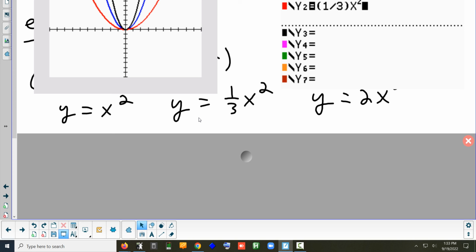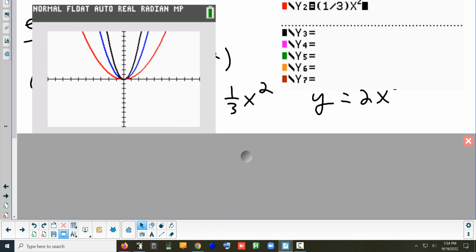So what did changing that number in front of the x squared do? Oh, tell me, what did it do? Yeah, you. It narrowed in and made it higher. Yeah, so it kind of changed like the width of it.